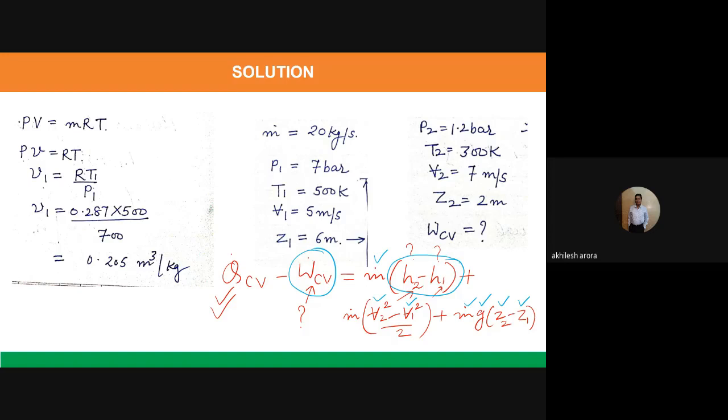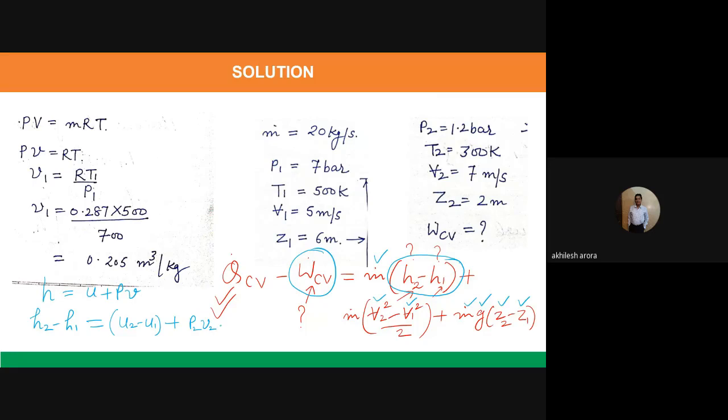I know that h is given by u plus Pv. This is the formula for specific enthalpy. And if I have to calculate h2 minus h1, I will write it is equal to u2 minus u1 plus P2v2 minus P1v1.